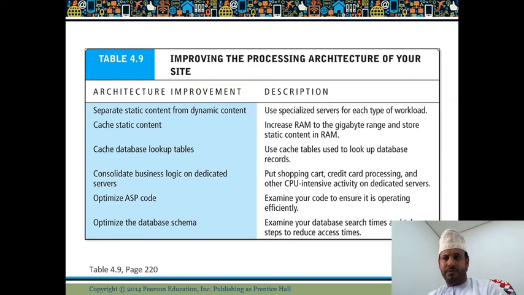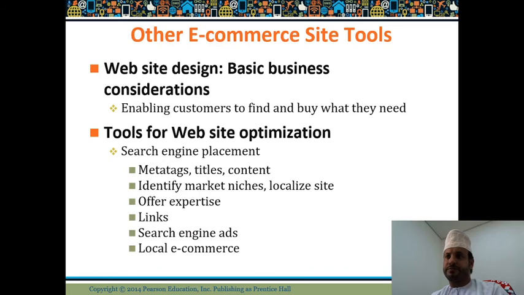Architecture improvement: of course, separate static and dynamic content, cache static content, cache database lookup tables. All these things we may improve. Other e-commerce site tools: website design, basic business. It should reflect what we are doing.